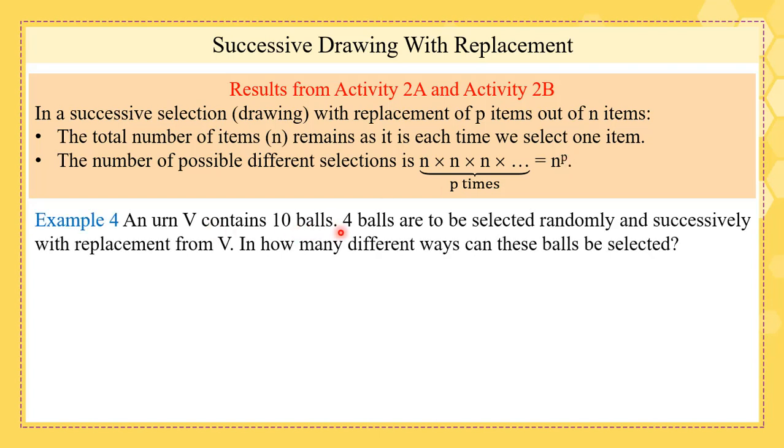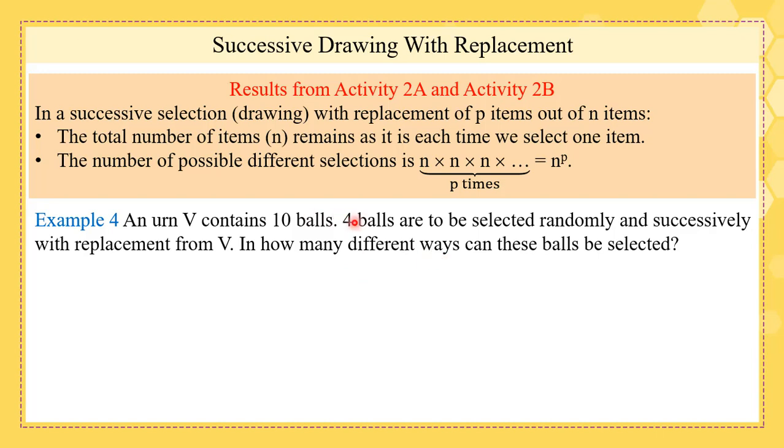An urn contains 10 balls. We need to select 4 balls successively with replacement. You have to pay attention to the type of selection, whether it's successive or simultaneous, and in case it is successive, pay more attention to see whether it's a successive drawing with replacement or without replacement. The question is to find the number of different ways. So we have 10 balls.